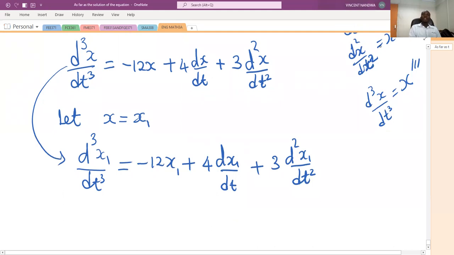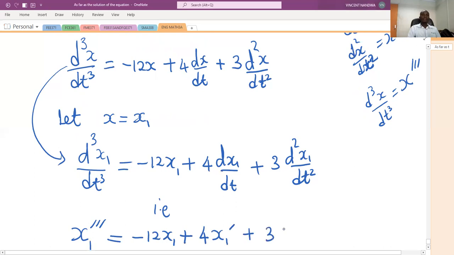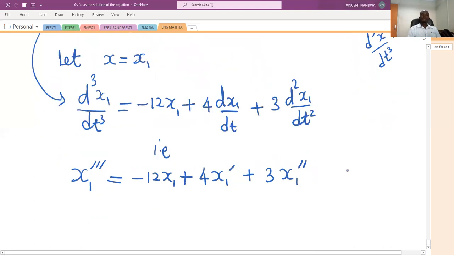With this notation, x1 triple prime is minus 12 x1 plus 4 x1 prime plus 3 x1 double prime. Call this one star.